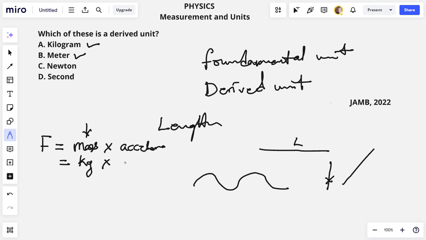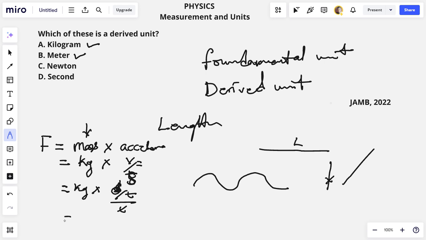And then acceleration is velocity over time. So what other fundamental unit do we find? Time, and the unit for time is seconds. And then velocity on its own is displacement d over time, then over another time.